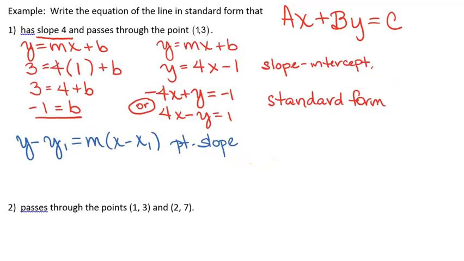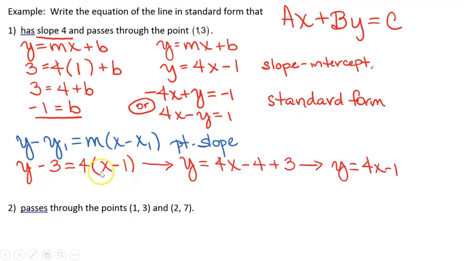All right, now what if instead you had done that problem in point slope form? So y minus y1 equals m times x minus x1. Well, same thing. I would have put 4 in for my slope. I would have put 1 in for x1 and 3 in for y1. And this would have been my solution in point slope form.